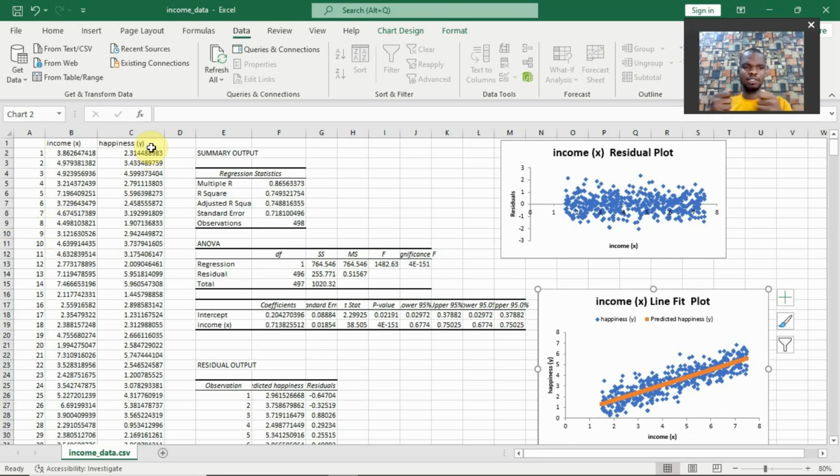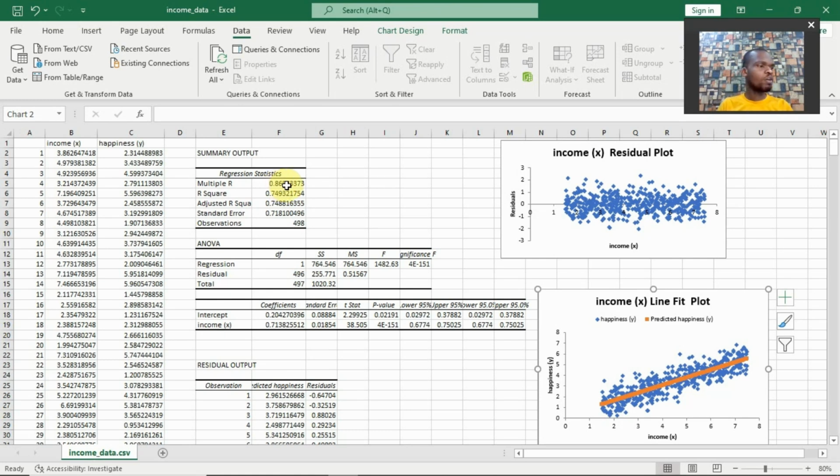income and happiness? The value of our correlation is usually between -1 and 1. If the value is tending towards +1, it is showing a strong positive relationship. If it is reducing, it's showing a negative relationship.